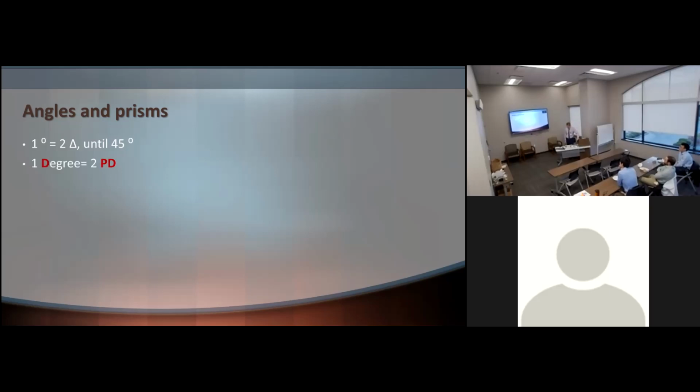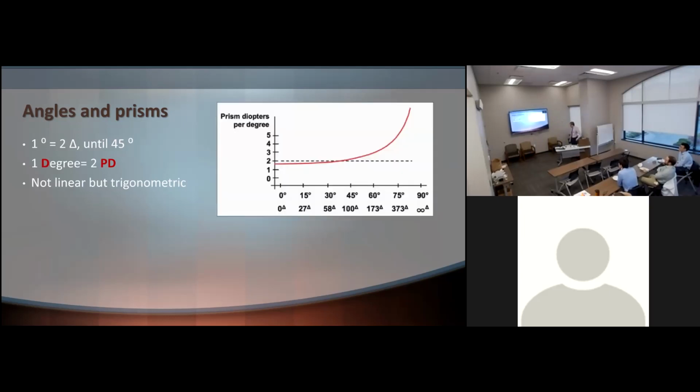It is not a linear relationship; it is a trigonometric relationship. I always get confused whether it's 1 degree to 2 diopters or 1 diopter to 2 degrees, so I put it this way to remind myself: 1 degree has 2 prism diopters. PD is 2 and D is 1, so 1 degree is equal to 2 prism diopters. Just a way of remembering everything.